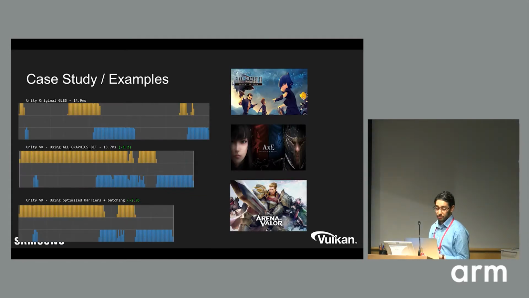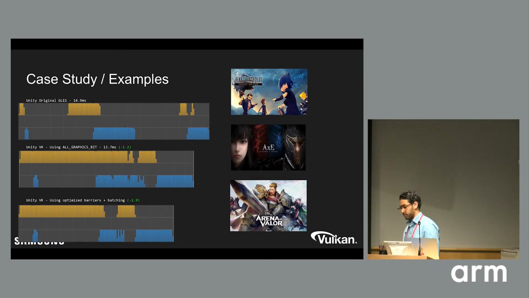Along with working on Unreal, we also worked with Unity 3D and optimized some of their games. Some of the games that use Unity have been Final Fantasy 15, which we went to Japan for, Axe by Nexon, whose studio is based in Korea, and Honor of Kings in Chengdu, China.